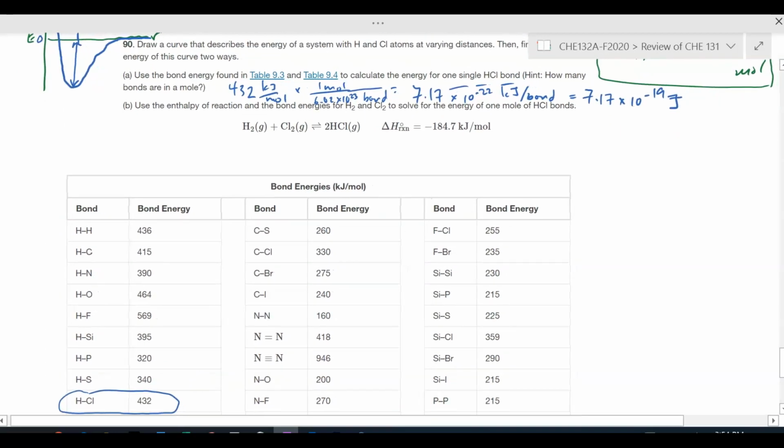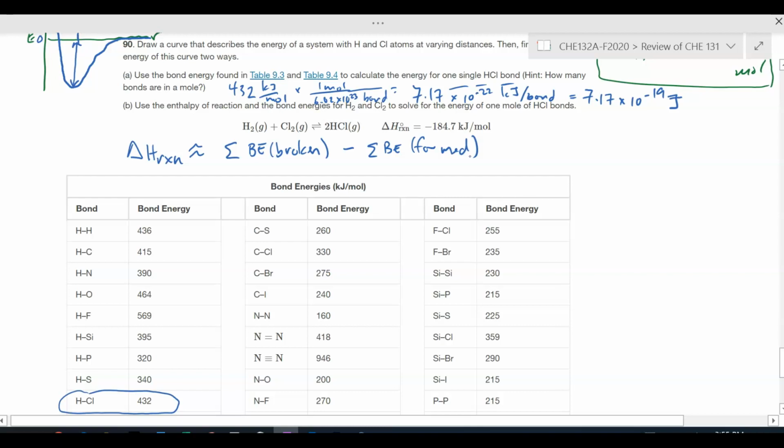The second version is we're supposed to calculate the bond energy given this reaction. So using what we have above, delta H for our reaction is going to be approximately equal to the sum of the bond energies of the bonds that are broken, the bonds that we put energy into to break, minus the sum of the bond energies of the bonds that we form.